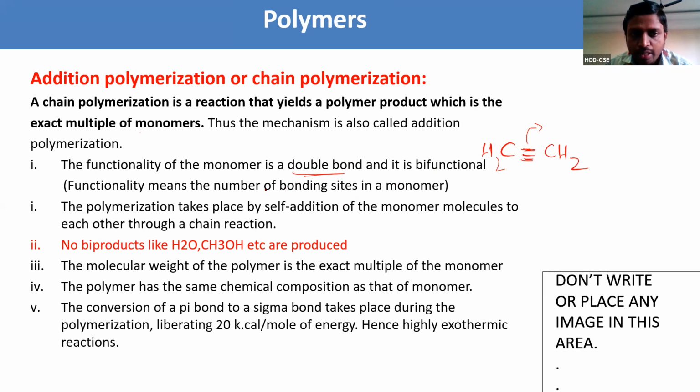Addition polymerization takes place by self-addition of the monomer molecules to each other through a chain reaction.